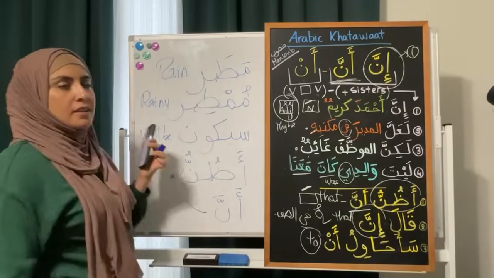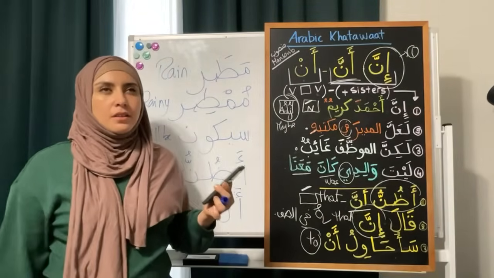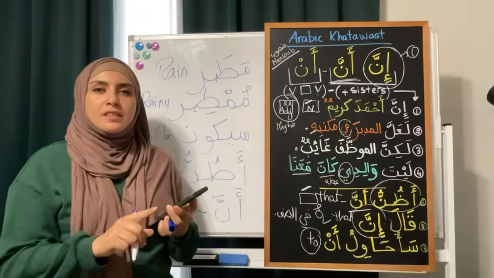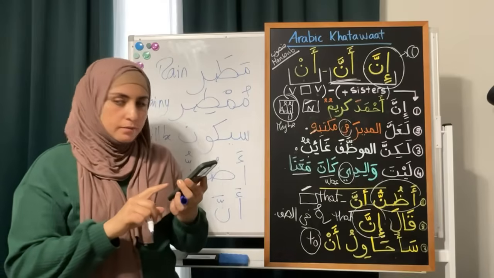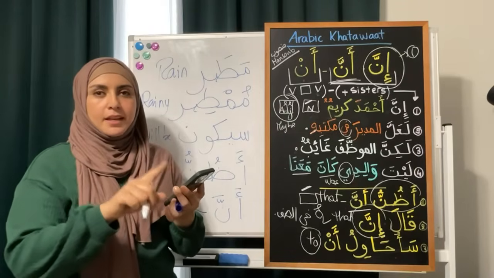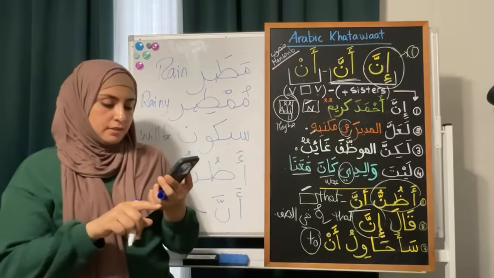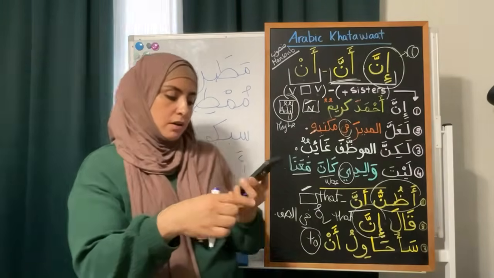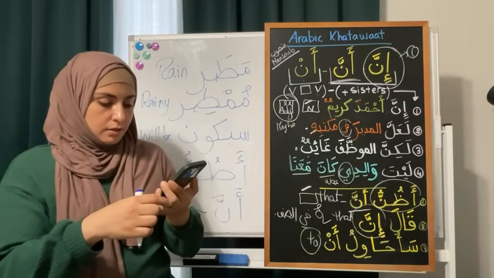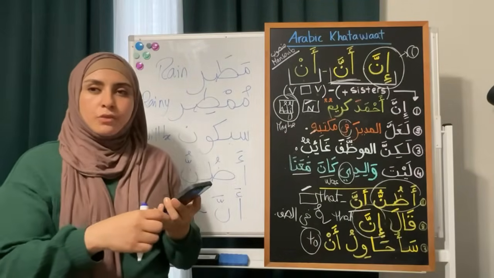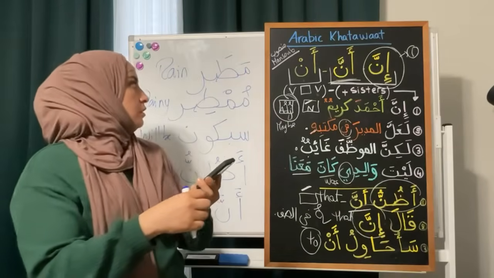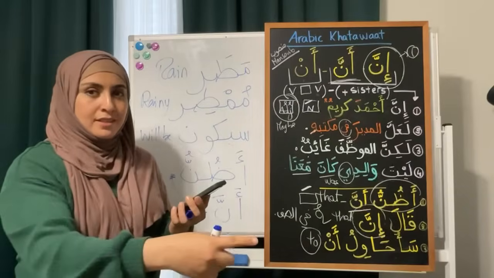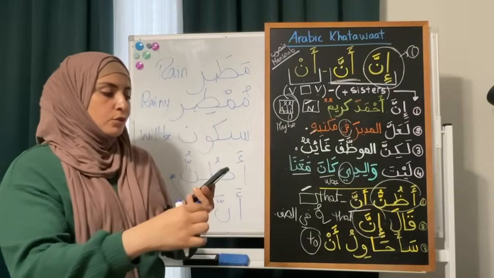So if you're saying أظن, I think that there is rain outside. How about this? Who can translate this? I think that there is rain outside. If there is rain outside, it's different from I think that it will be rainy tomorrow. So if I say I think that there is rain outside, I would say what? أظن أن there is, and this is vocabulary.